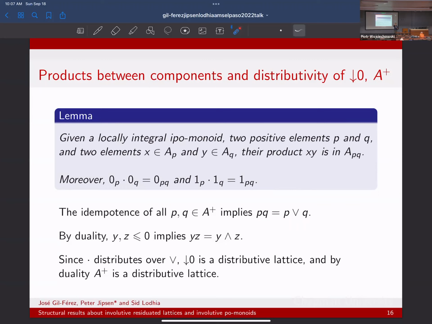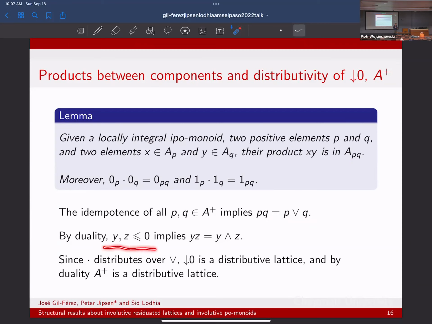The other direction actually doesn't work in general in residuated lattices, but this is the way we need it anyway. So this P times Q is actually the same as P join Q in the positive cone. And that's important because the positive cone is a join semilattice. And so that's where this index join semilattice actually comes from.